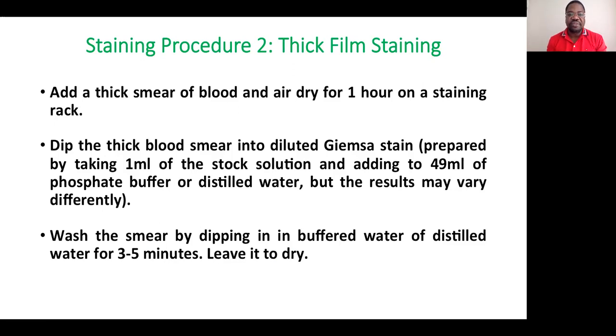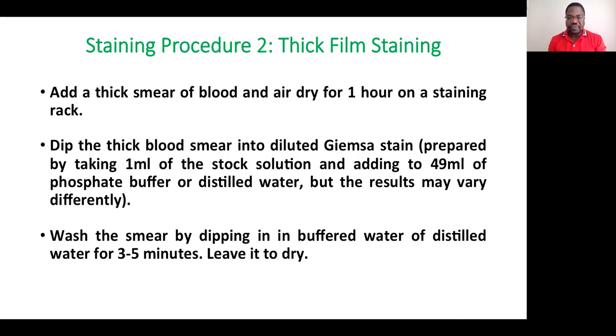for 1 hour. Then you dip the blood smear into a diluted Giemsa stain. Remember that the previous one we used 5% Giemsa stain, but here you dilute that Giemsa stain again. You prepare that by taking 1 ml of the stock solution plus 49 ml of phosphate buffer or distilled water to make a dilution.